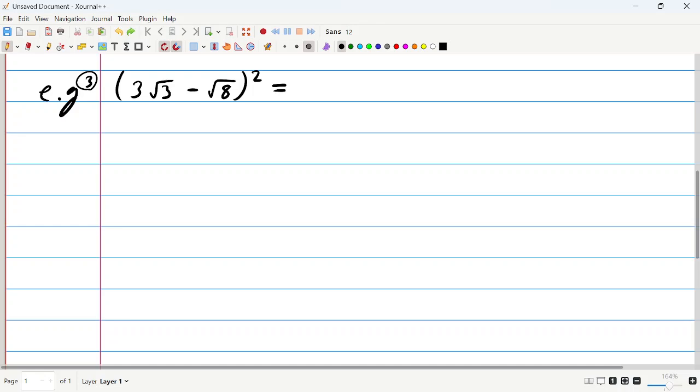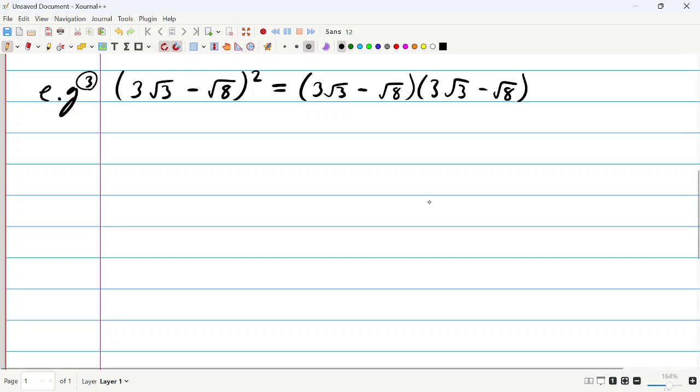We know that if we square any bracket, it multiplies by itself, so it is 3 root 3 minus root 8, multiplied by 3 root 3 minus root 8. From here, this is what we are going to do.